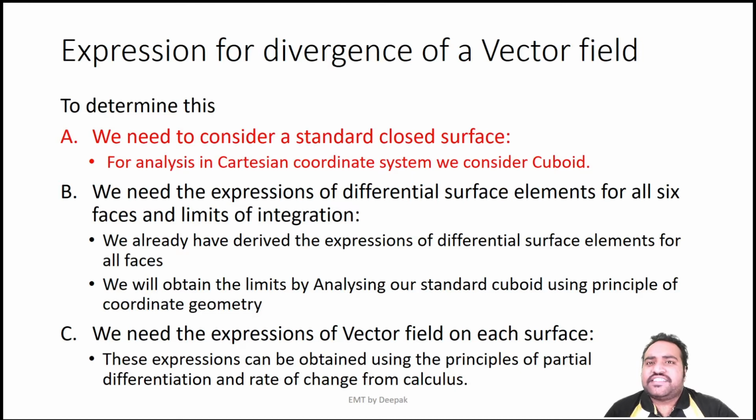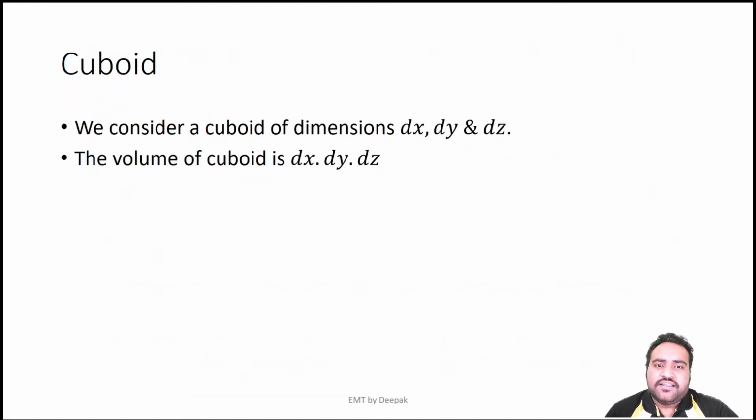So let us look at the first step, the standard closed surface. The standard closed surface is a cuboid of dimensions dx, dy and dz. So from that, using the principle of length times breadth times height, the volume of the cuboid is dx dy dz. So the denominator part is ready with us. We have to find the numerator part.